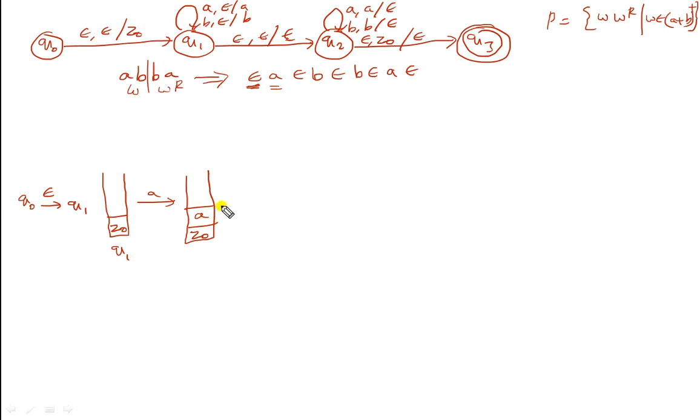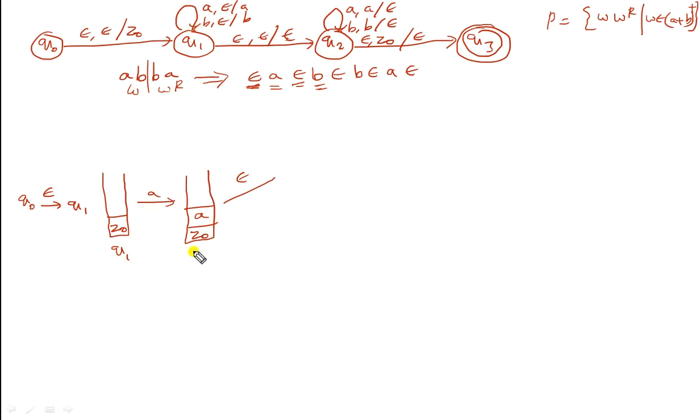Okay. So this is the current state. After this particular state, there are two possibilities. Either we can perform the epsilon transition, or we can perform the transition on B. Okay. So first let us consider the transition on epsilon. If we perform the epsilon transition, then what will be the resultant status? Now consider the state.